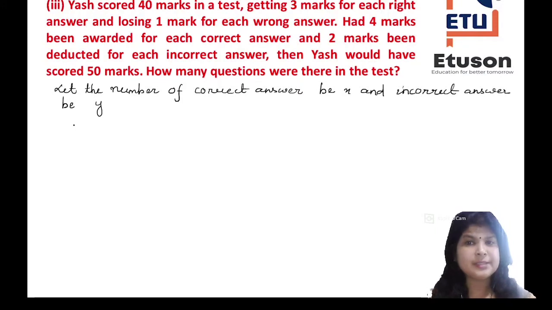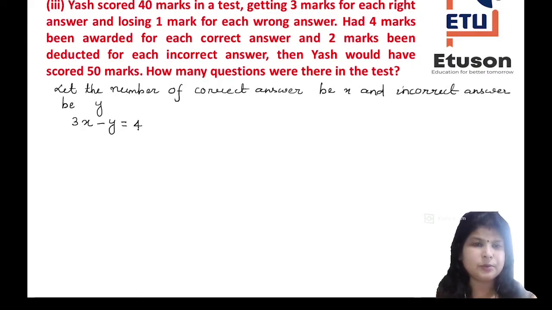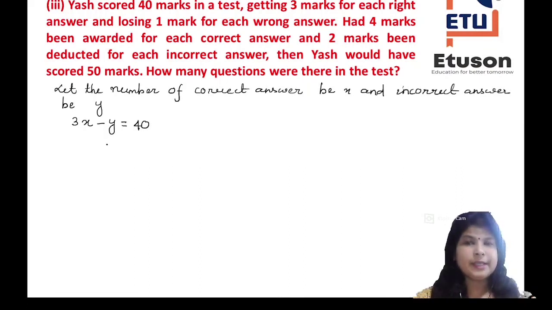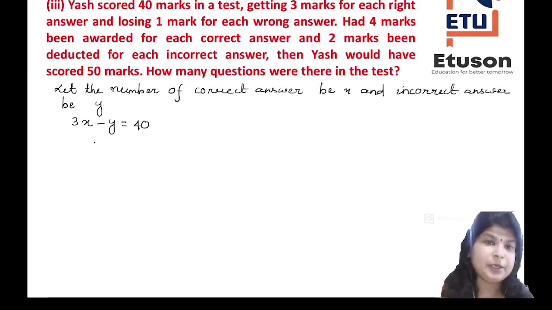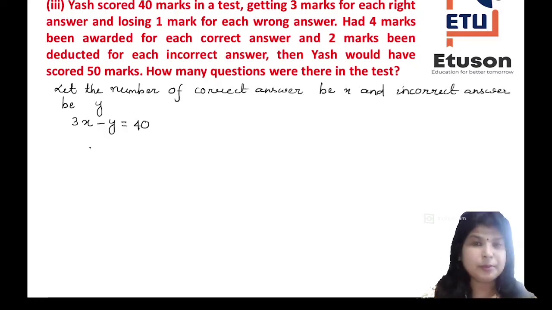So in that case, 3x minus y, because he is losing marks, is equal to 40. Then the second equation: had 4 marks been awarded, that means the number of questions remains the same.